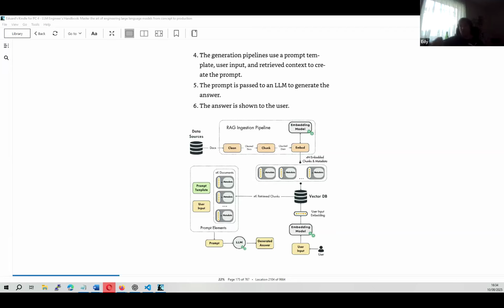But again, at the conceptual level, this three-step architecture and this simple diagram, which is shared by the authors, it's important just to understand the concepts. But this architecture does not work in reality. I tell you from my experience, this architecture does not work. It's just for conceptual understanding.